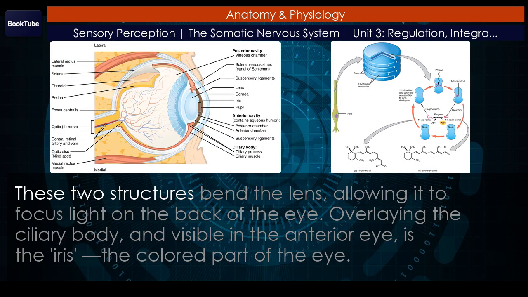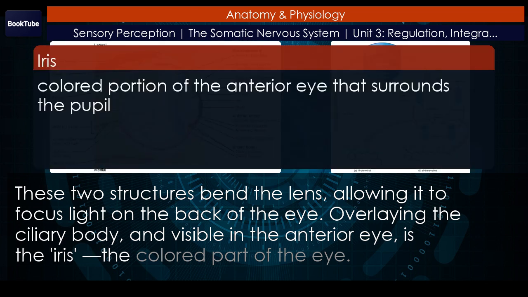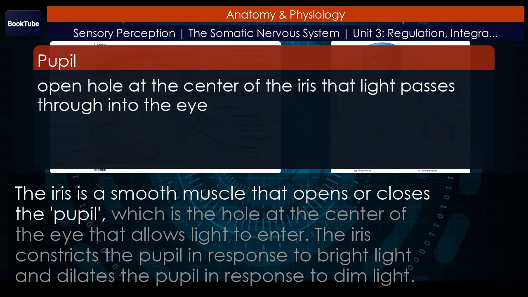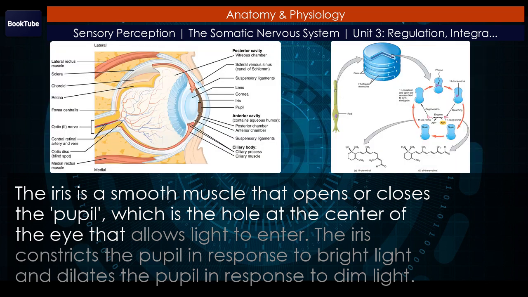These two structures bend the lens, allowing it to focus light on the back of the eye. Overlaying the ciliary body, and visible in the anterior eye, is the iris, the colored part of the eye. The iris is a smooth muscle that opens or closes the pupil, which is the hole at the center of the eye that allows light to enter.